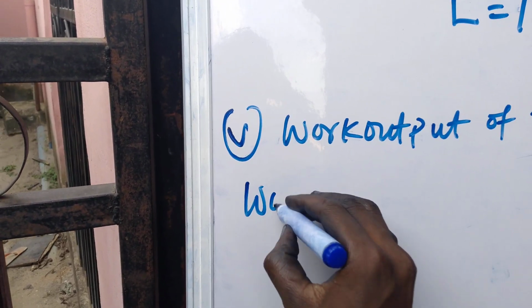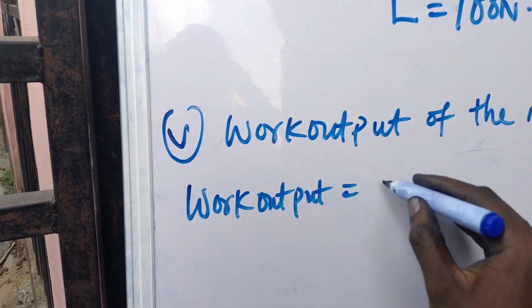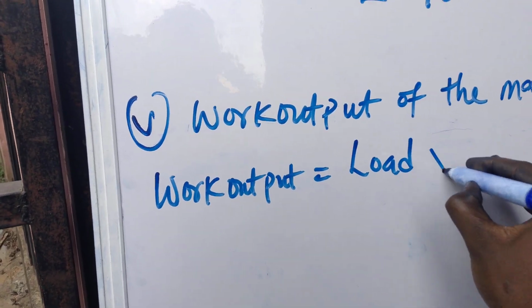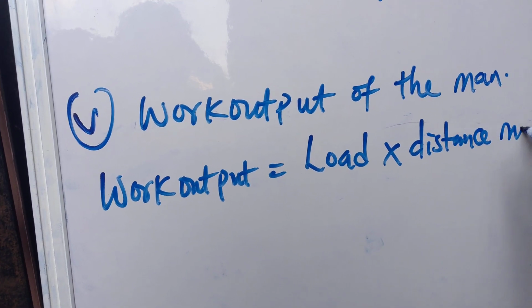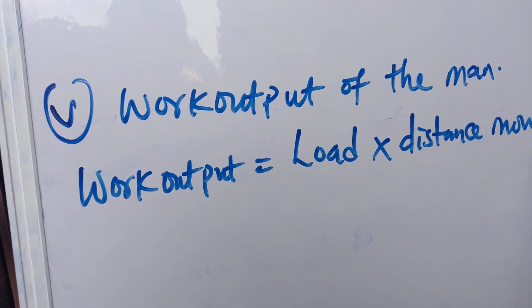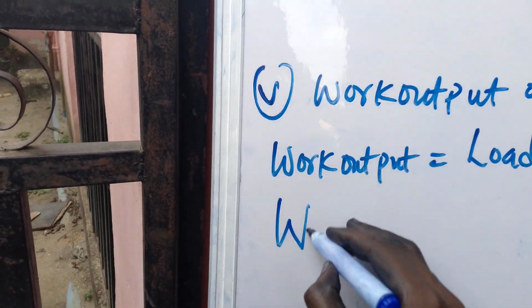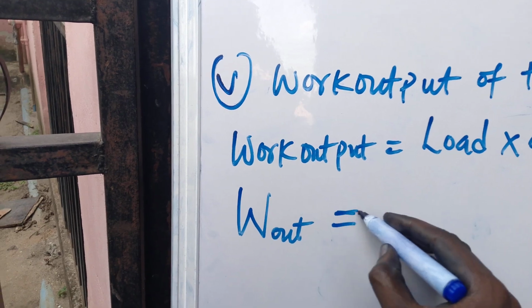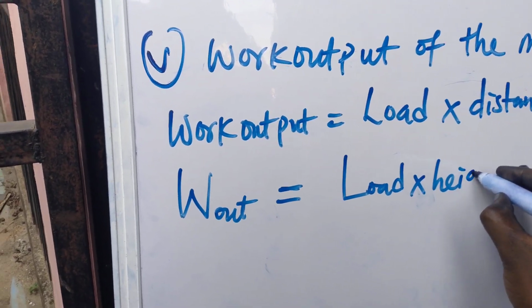Work output is equal to the load times the distance moved by the load. So work output is equal to load times the height of the inclined plane.